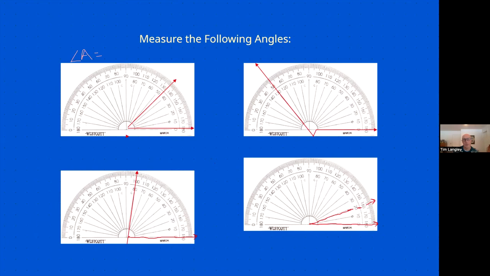And so you have to be careful which one we're looking at. We'll look at the red lines of my angle. If I start at 0 and go to 10, 20, 30, 40, 45, 50, it seems like it's right between 40 and 50, so it's 45 degrees. So I would say it's 45 degrees, okay?